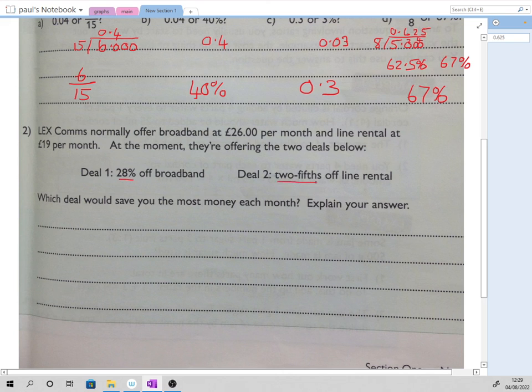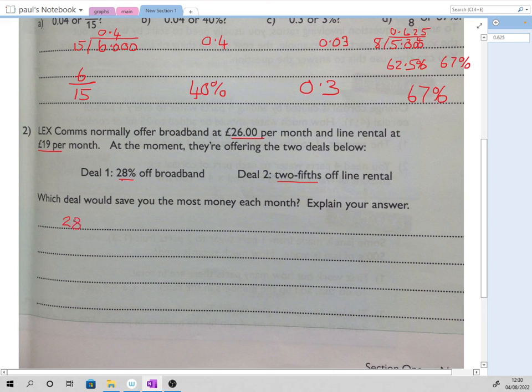We're not really comparing percentages with fractions on the same number, because they've used 2 different numbers. So we need to find out what 28% of the broadband is.